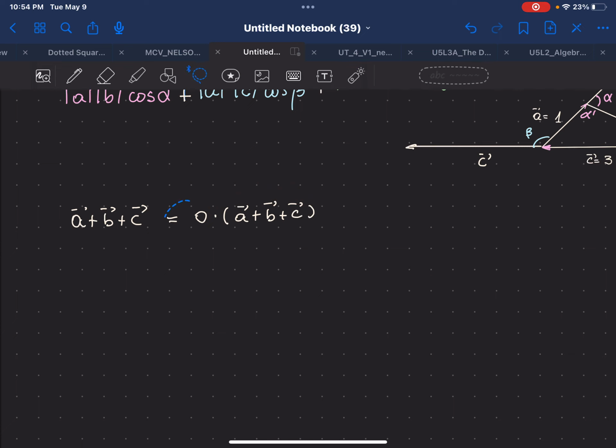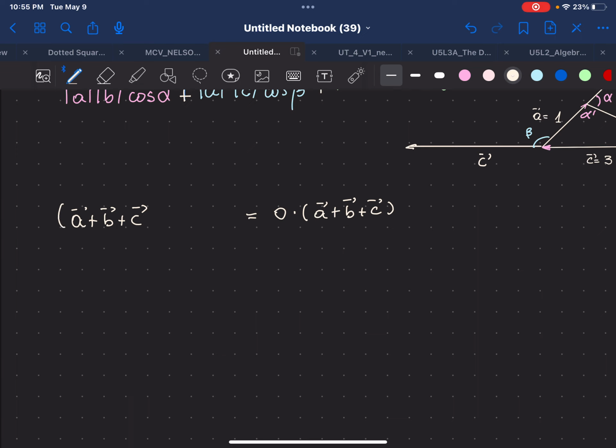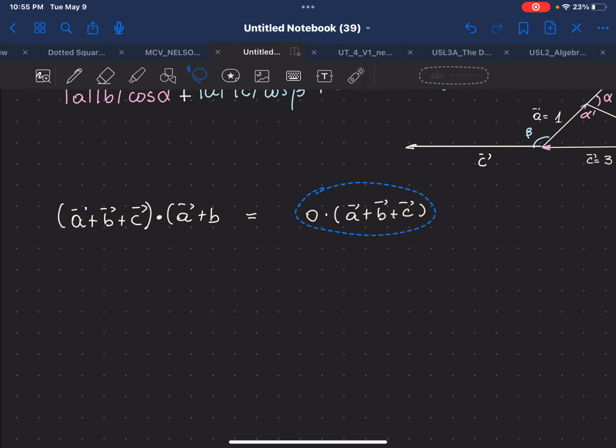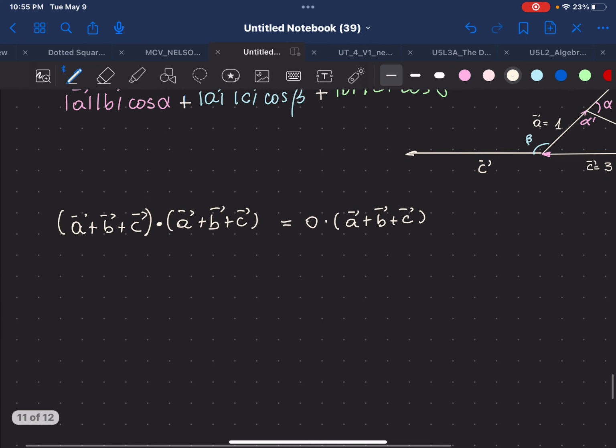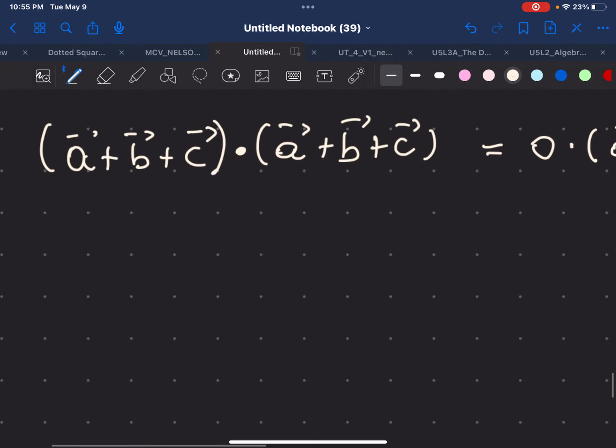And the left side will also be multiplied by the same vector in a dot product. So dot product, and then we have a plus b, and then plus c. So the statement still holds true because the transformation applied is the same, and it's done to both sides of the equation. So let's dot product the left side of the equation and see what we get.